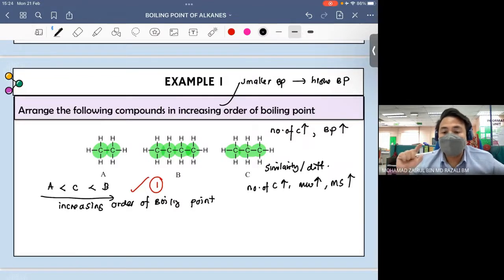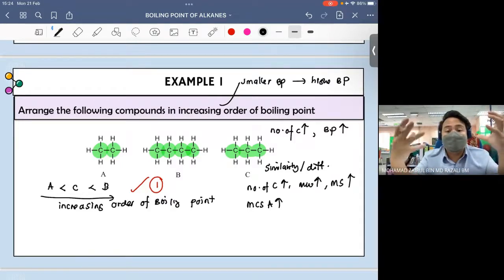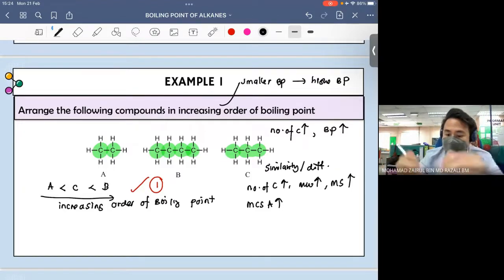The more points of contact between molecules, the stronger the van der Waals forces. So we talk about molecular contact surface area. If the molecular contact surface area increases, the strength of van der Waals forces will also increase.